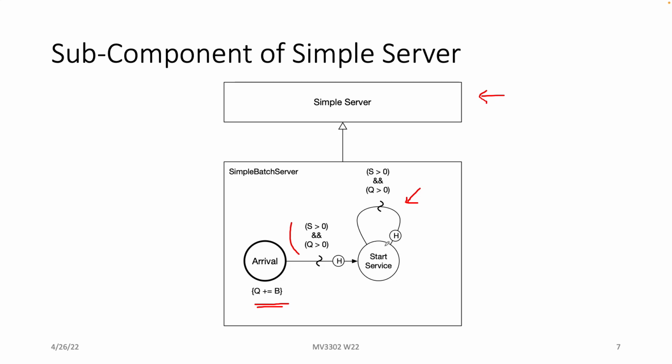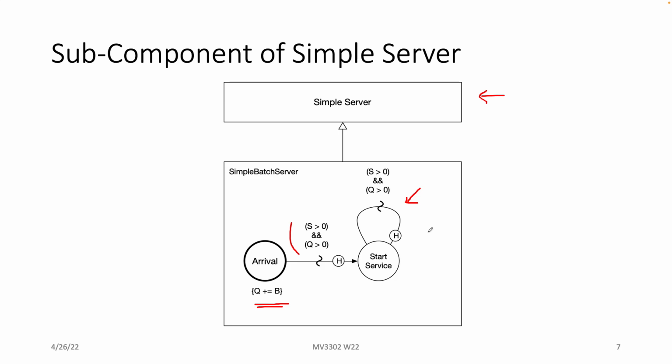But then now, here's the start service. Now start service has a thin border, which means that it's going to use everything that the start service in the superclass does as well. So what did it do? In the superclass, it subtracted 1 from the number in the queue.